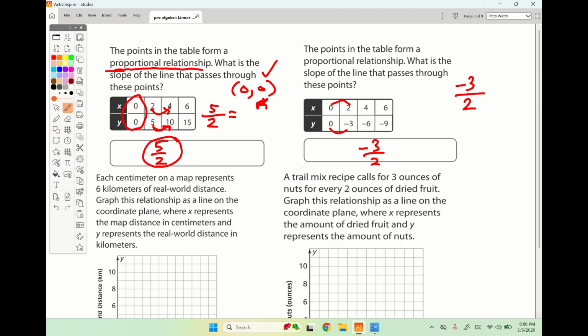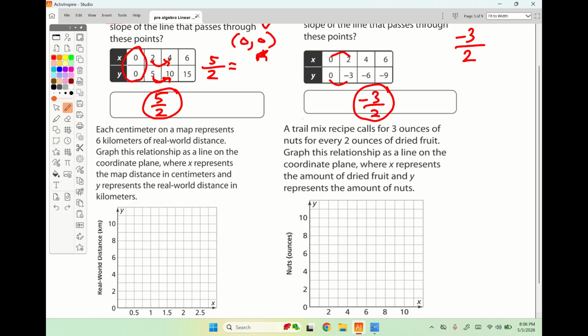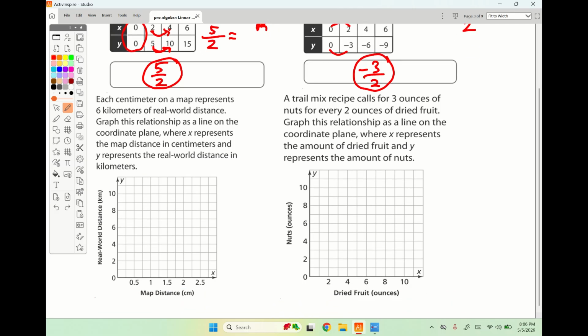Alright, so let's just try to practice graphing it here. You have 6 kilometers of real world distance. So that is, real world is your y-axis, and then the x represents the map distance right over here.